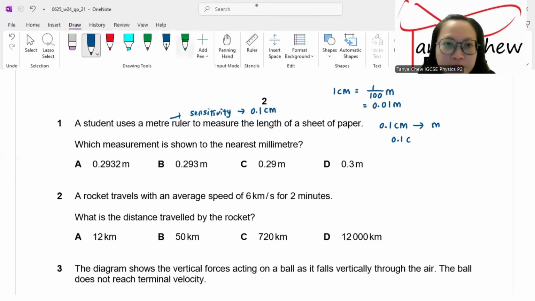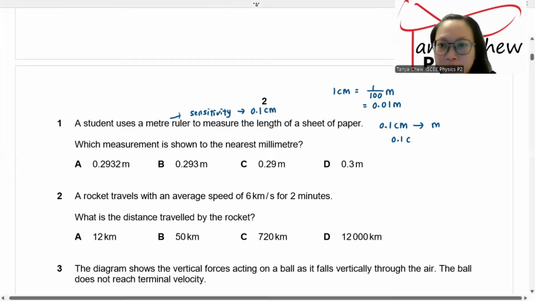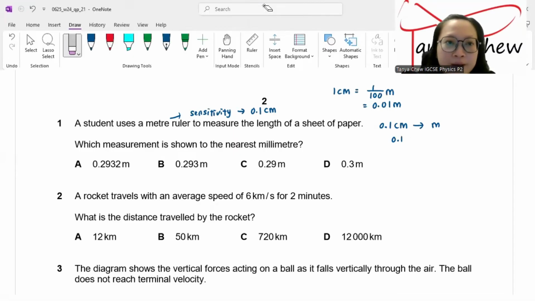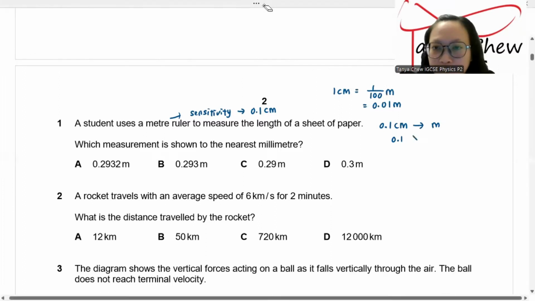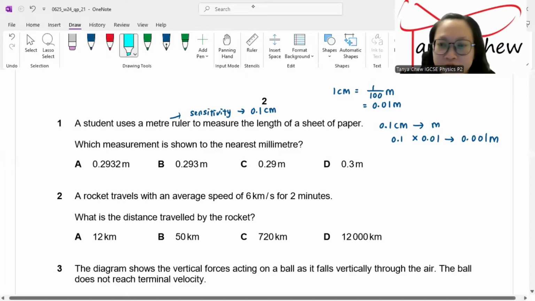Let me erase this a little bit. You just take 0.1 multiplied by 0.01. There you go. So you get 0.001 meter. Now this part is very interesting.